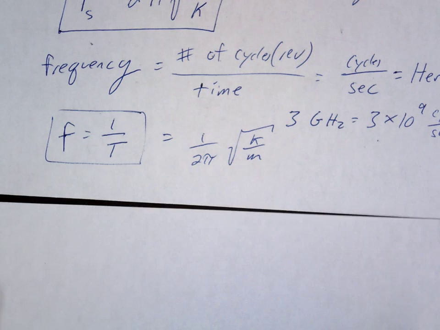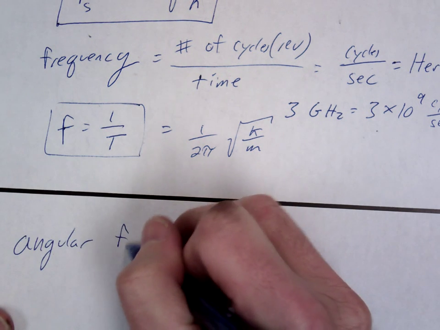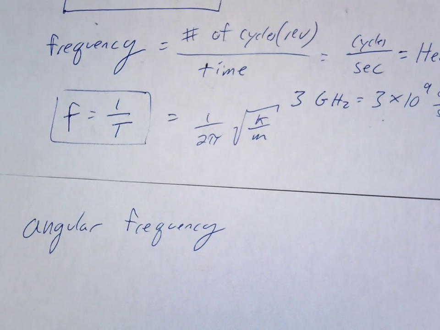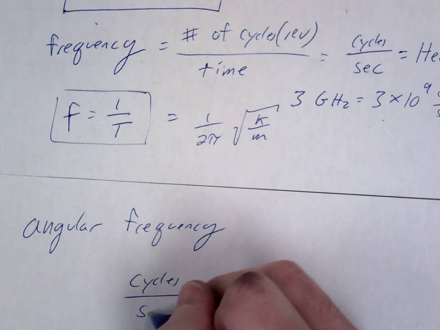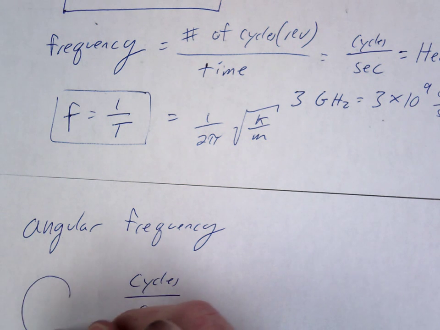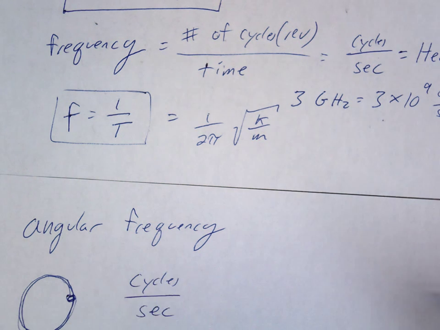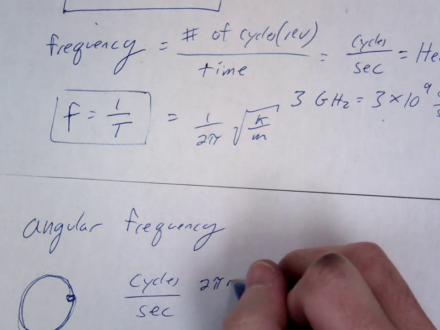All right, last term that we use is called angular frequency. Okay, let's say, for example, I have some frequency which is cycles per second. Well, when talking about a circle, if we make one full cycle, how many radians did it take to go one full cycle? 2 pi, right? So there's 2 pi radians in one cycle.